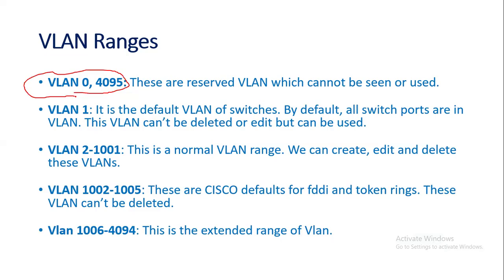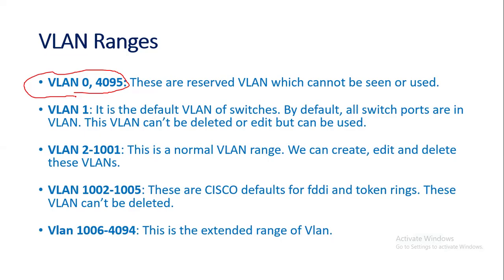But VLAN 0 and VLAN 4095 are reserved for the system, and you cannot use these VLANs or send them to any switch, because they are already reserved. You will not see these VLANs on any switch while doing the scenario. I will show VLAN 0 and VLAN 4095.